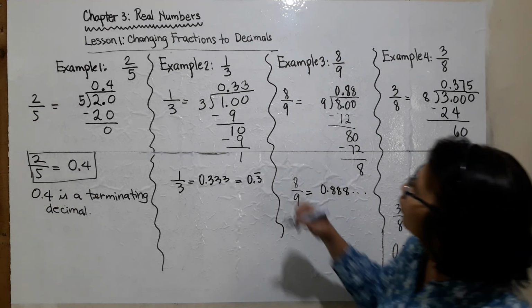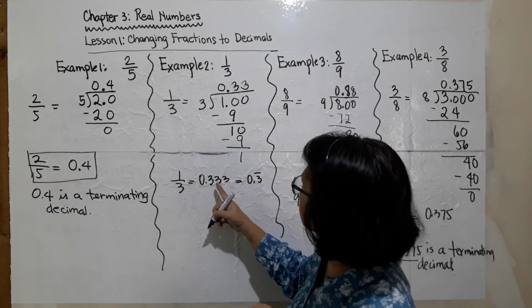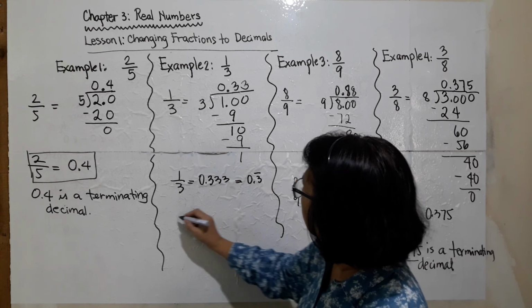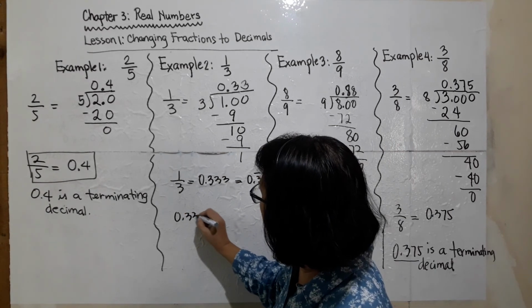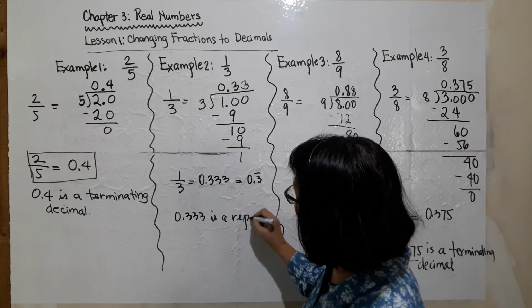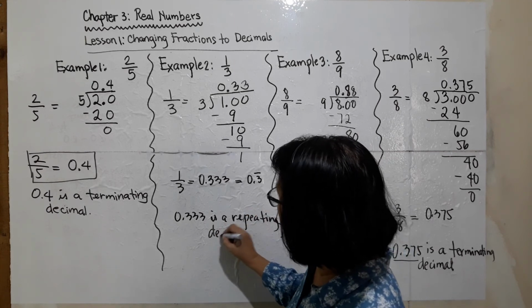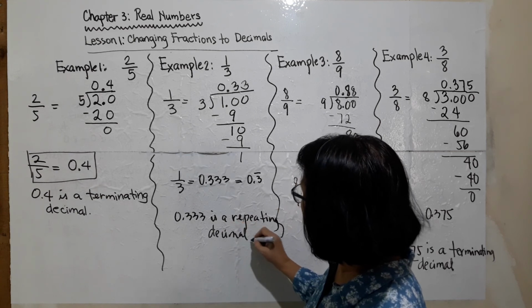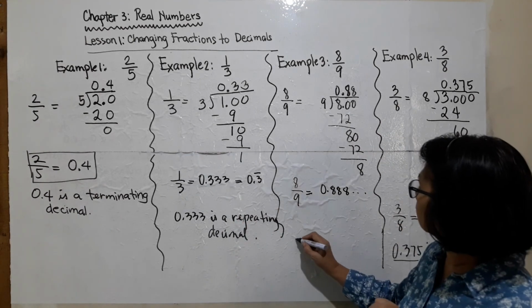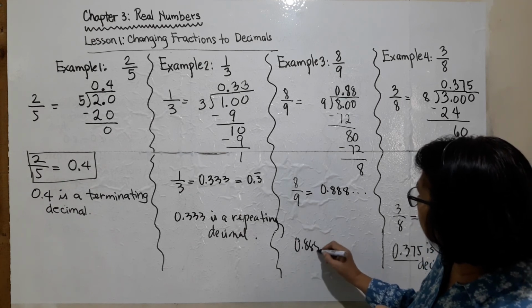While going back to example number 2, 1/3 is equal to 0.333, and 0.333 is a repeating decimal. What about 0.888?